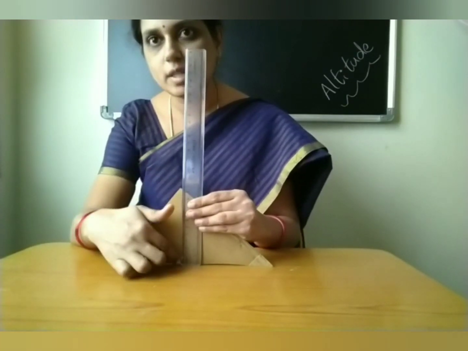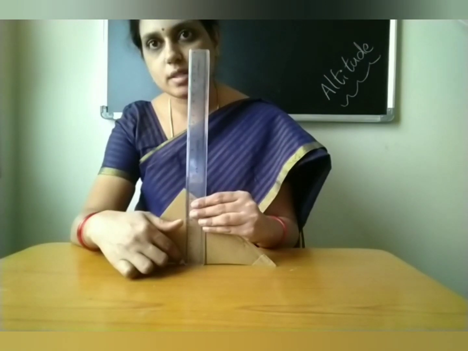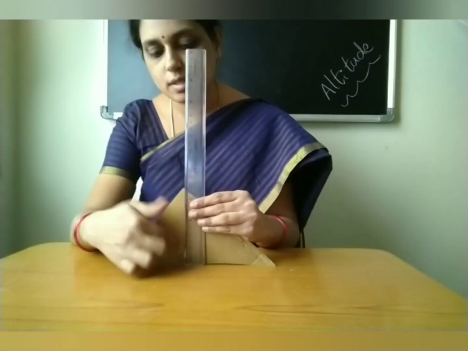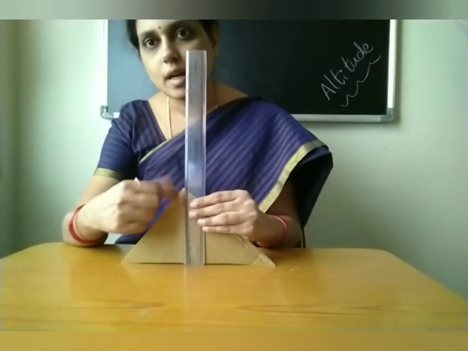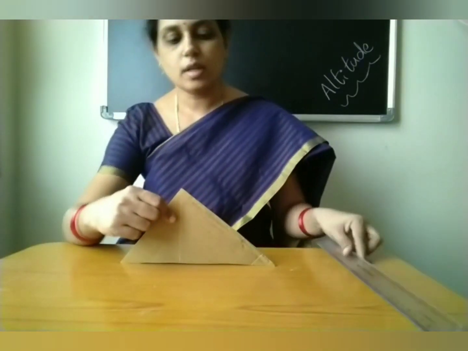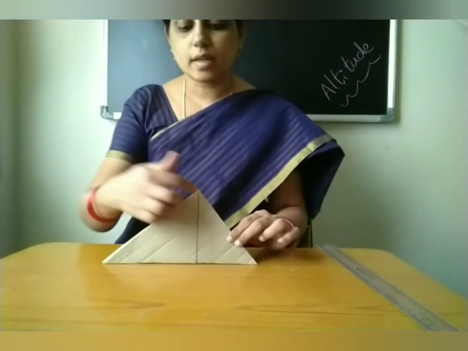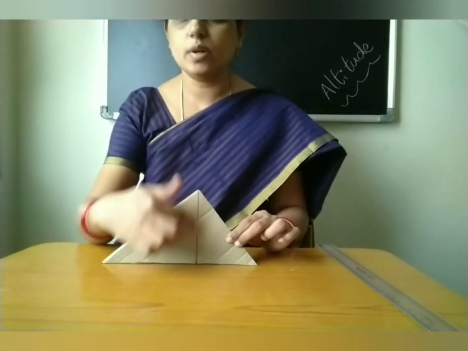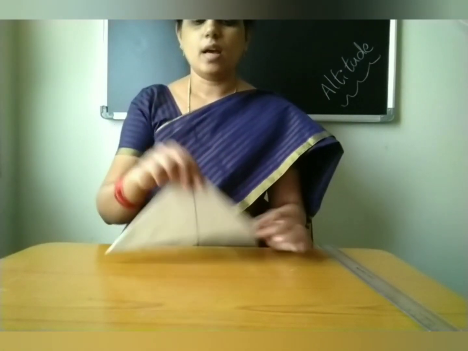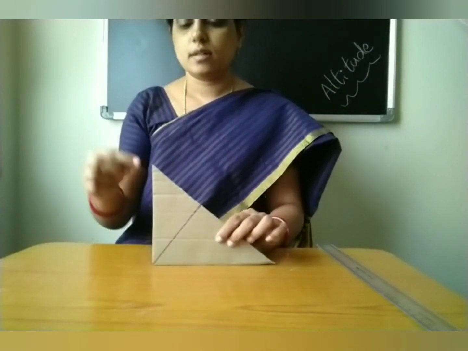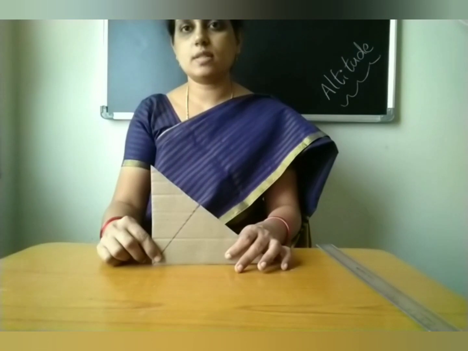I am not measuring anything. Here you just have to understand what is meant by altitude. That's it. Suppose if you draw like this, then that will be the height in this position. So in a right angle triangle, one altitude lies in the interior, and the other two altitudes are two of its sides.